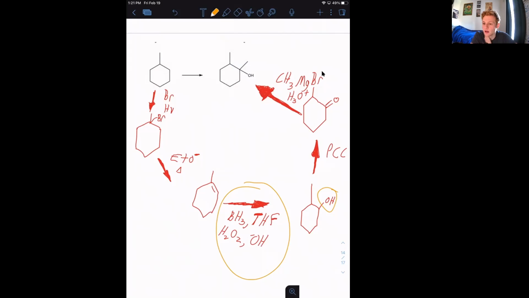We just used ethoxide for this with some heat. And once we've done that, you can just use anti-Markovnikov addition of a hydroxyl group.